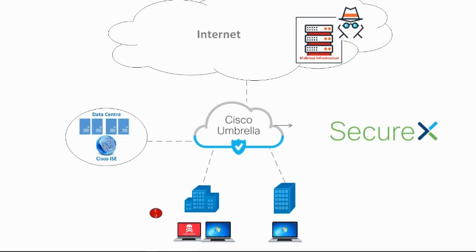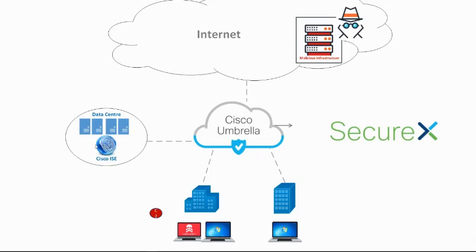The communication between the infected PC and the backend server is called C2 callbacks, or command and control callbacks, which usually happen at the DNS layer. In this example network, we have two components of the Cisco Secure portfolio, Cisco Umbrella and Cisco ISE.